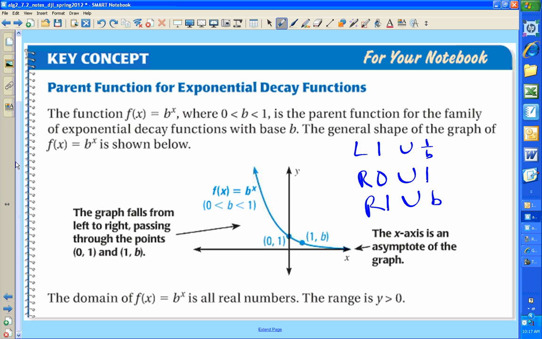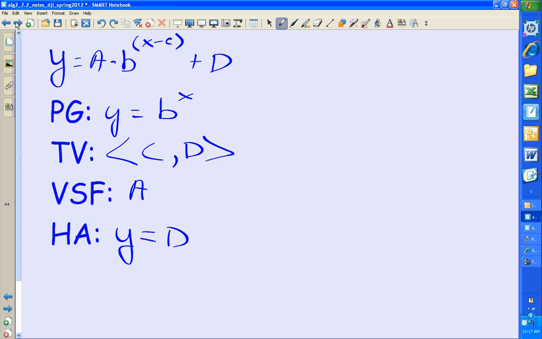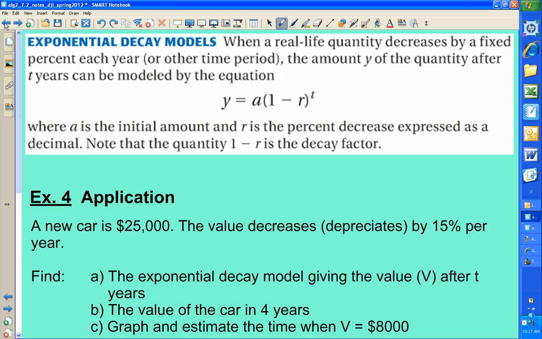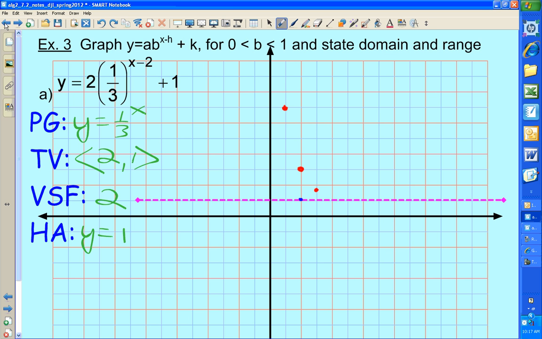Same notes that you studied on Friday. So right 0 up 1, we're going to multiply the up 1 by 2, and we're going to go right 0 up 2. Because the vertical stretch factor is 2? Correct. You multiply whatever you say after the word up by the vertical stretch factor.